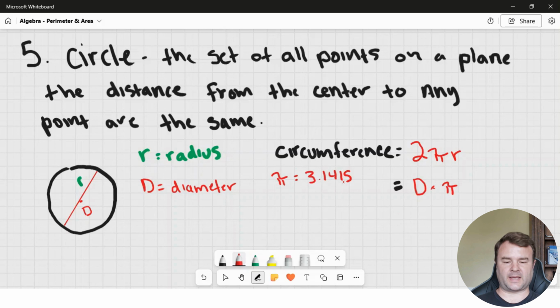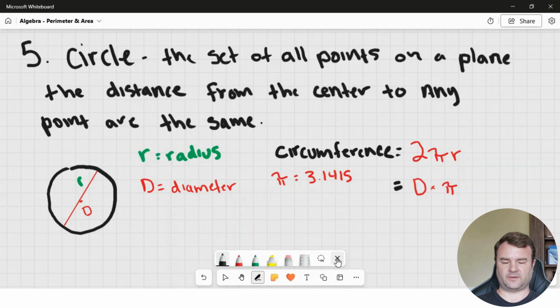But pi, again, is 3.14, and that is basically a definition that you'll probably carry with you throughout all of school, all of math. A very important constant, and yeah, that's just what it is. So circumference is defined as 2 times pi times r, or the diameter times pi.